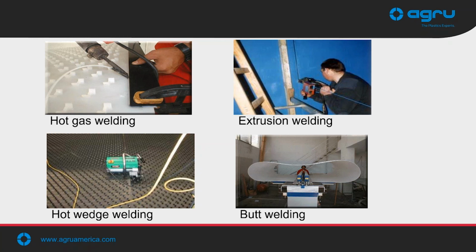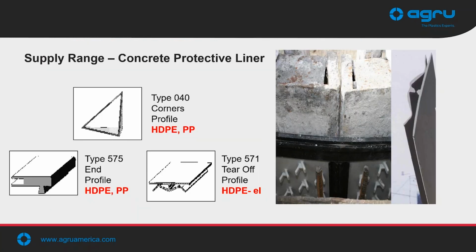So it's a much higher production welding method than hot gas welding. And then finally, we see hot wedge welding on the bottom left, and we see the butt fusion welding on the bottom right.